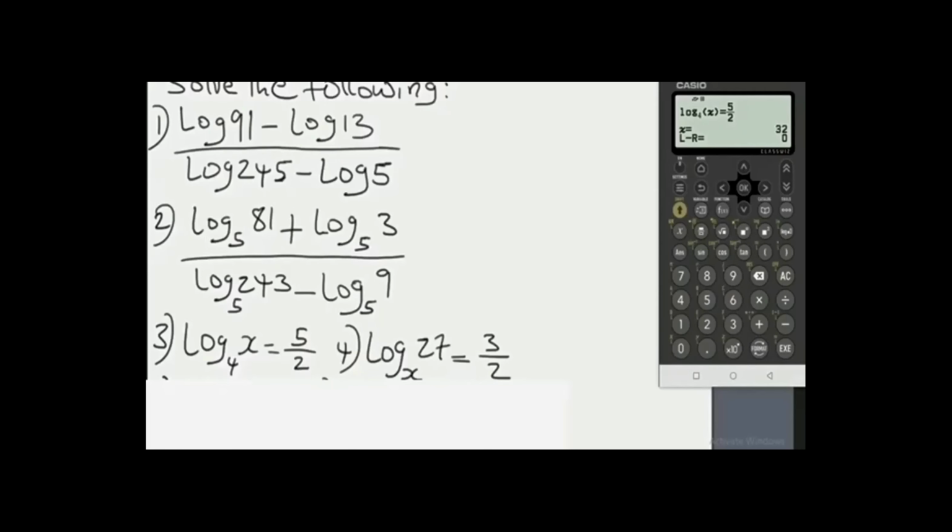For question 4, let's remove this. So we have log, the base this time around is x. Press this, then come to this box, put 27. Then bring out the equality sign, press shift and this button, equals 3/2.